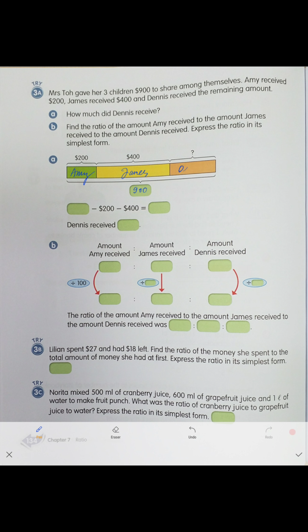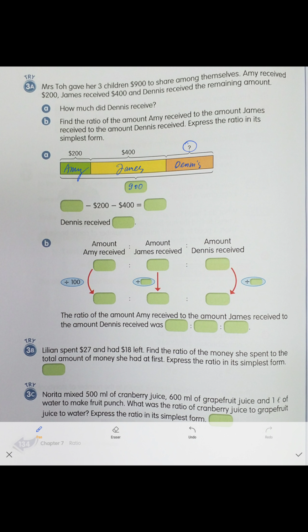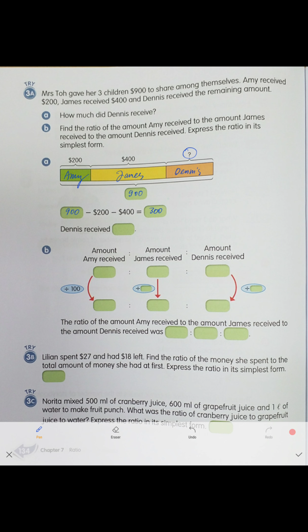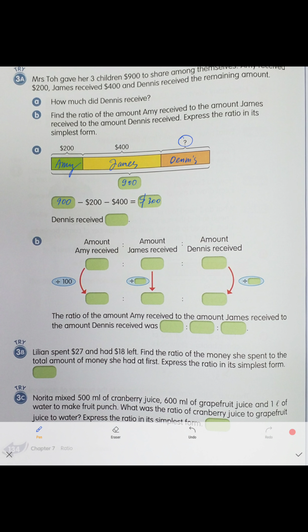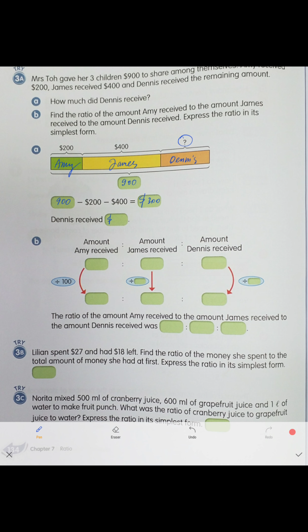And this is the other guy, Dennis, right? We don't know how much, right? So basically 900 minus 200 minus 400 is what? $300, right? Dennis received $300. Okay? All right. Next question.